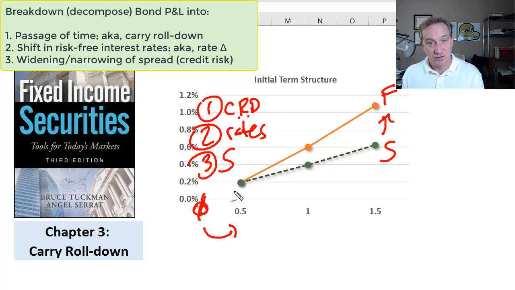So we'll take the total price gain or loss of the bond over the 6 months, break it down into 1, exclusively the passage of time, 2, the market risk factor, that is any shift in the risk-free term structure, and 3, any spread widening or narrowing, and that's the credit risk factor.